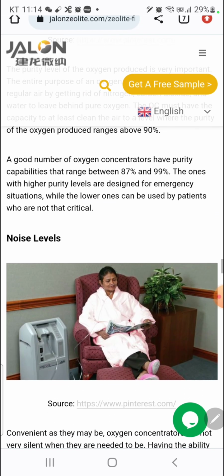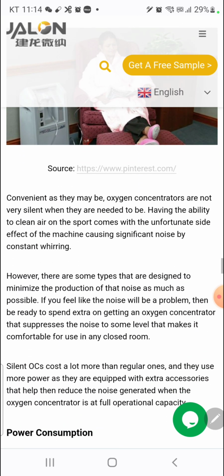Noise levels. Convenient as they may be, oxygen concentrators are not very silent when they need to be. Having the ability to clean air on the spot comes with the unfortunate side effect of the machine causing significant noise by constant whirring.